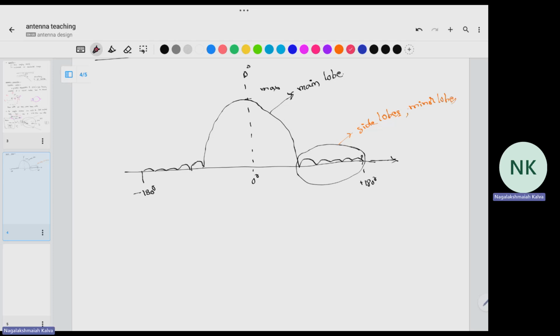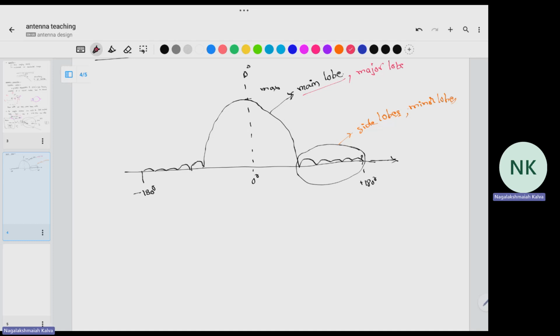This main lobe, you can also call the major lobe. Sometimes they'll call it major lobe or sometimes main lobe. So it won't be any problem.